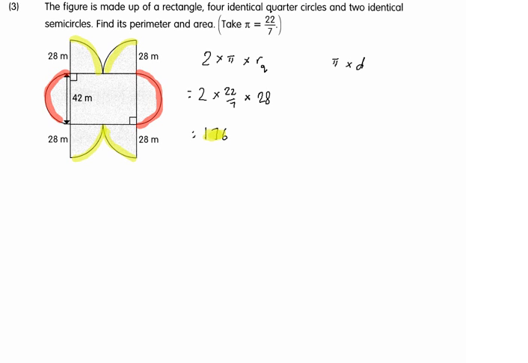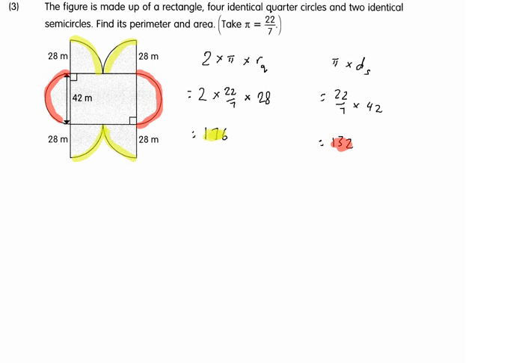I'll label it to be clear. Now I have 22 over 7 multiplied by 42. So what's the answer? 132. All these are in meters, but we just leave the units right at the end. So this is 132.